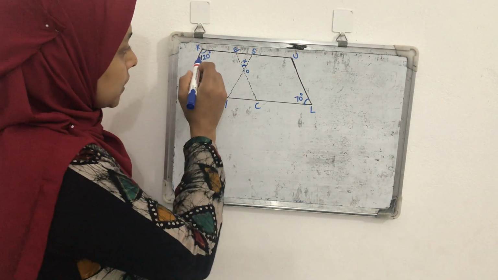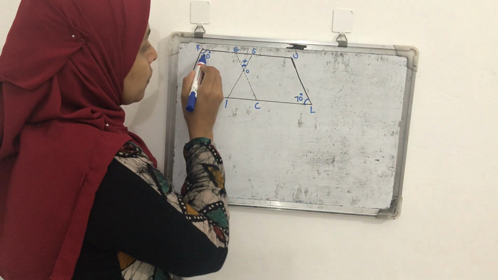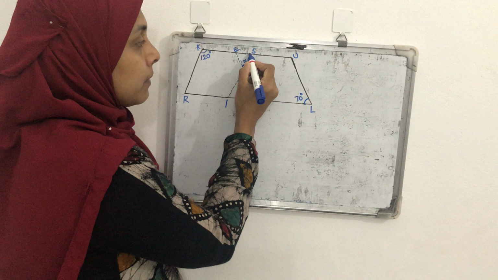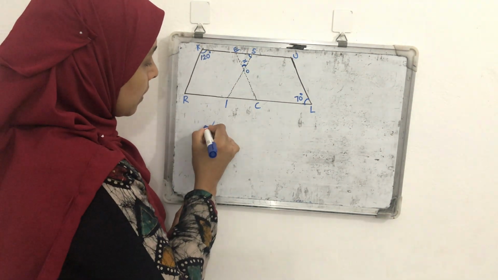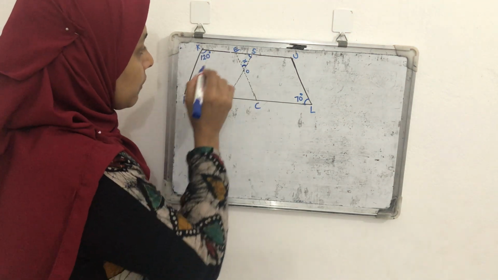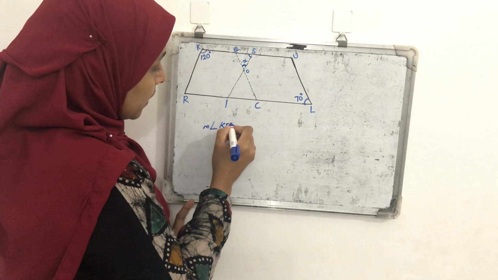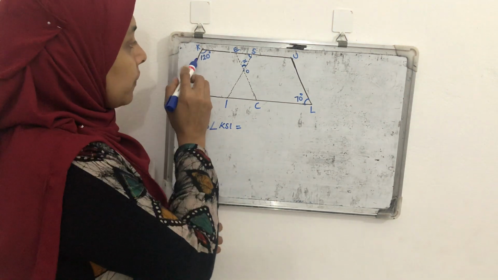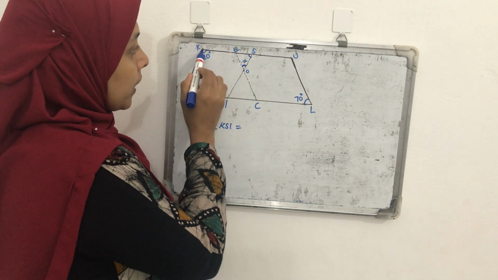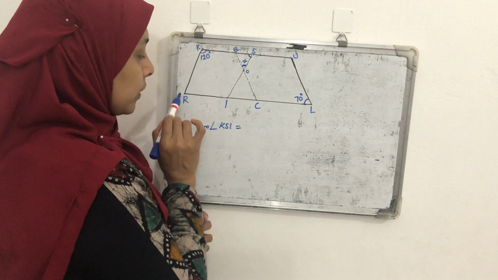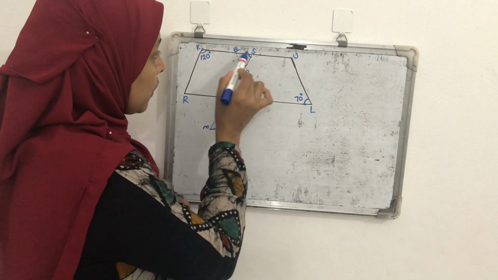For that, first, here this angle is given as 120 degrees. If it is 120 degrees, what will be this angle S, the measure of angle KSI? We can name this angle KSI. We know this is a parallelogram, RISK.